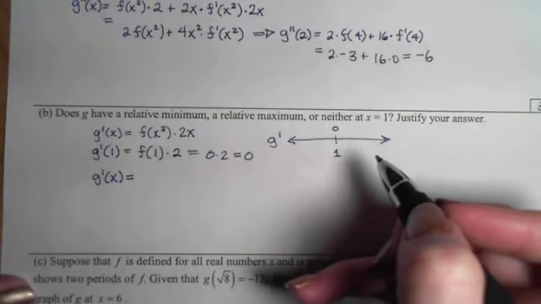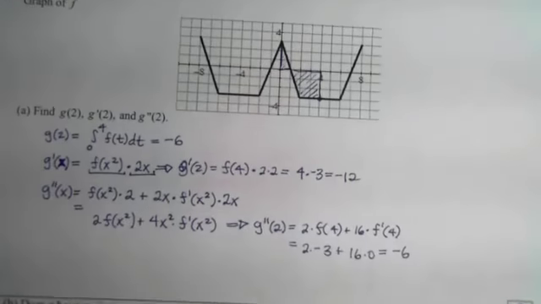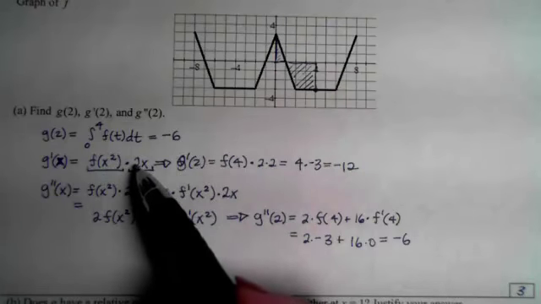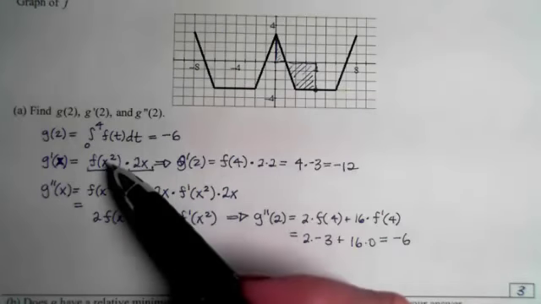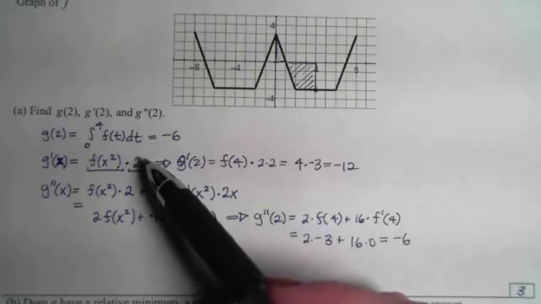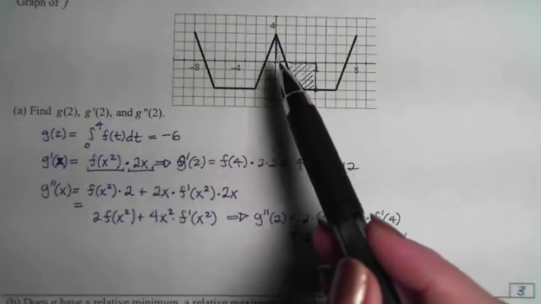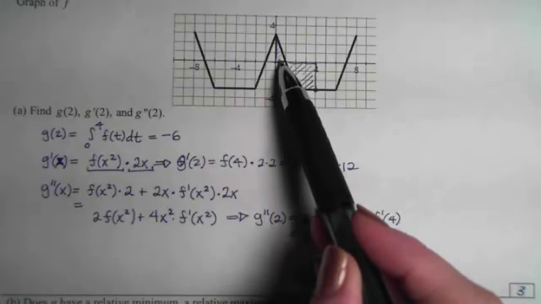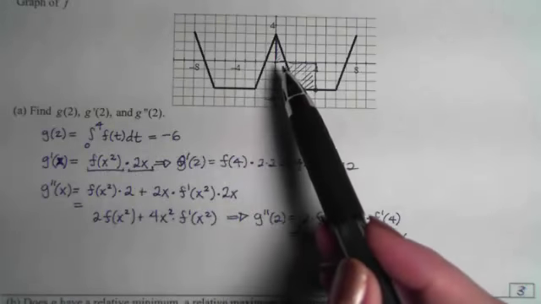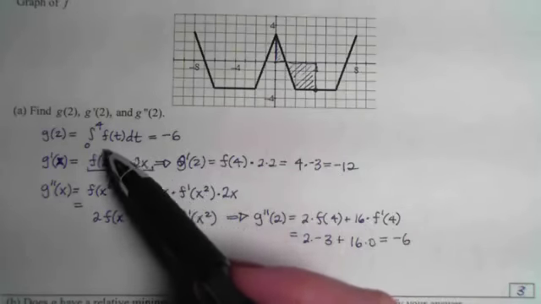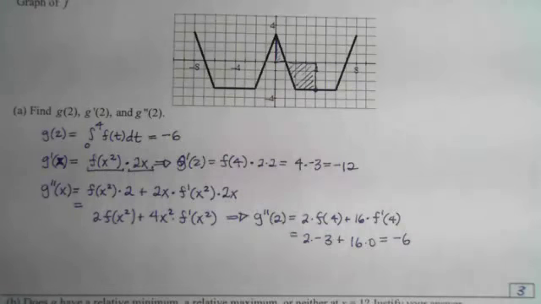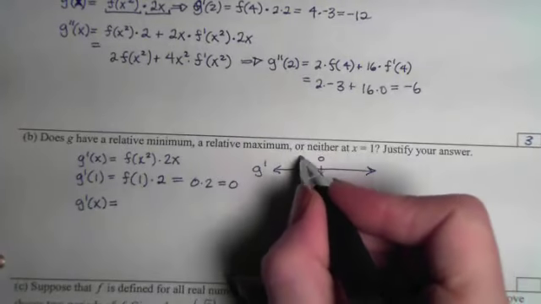If I go a little bit to the left, say at 0, I can plug 0 into the derivative function, and I'll get f of 0, which is a positive number, times 0, so that doesn't really help me. So let's try right here, say a half. If I plug in a half, that'll be f of 1/4, which is going to be above the x-axis, so that's positive, and 2 times a half is also a positive number. So I got a positive output when I plugged in a half. So this will be positive.